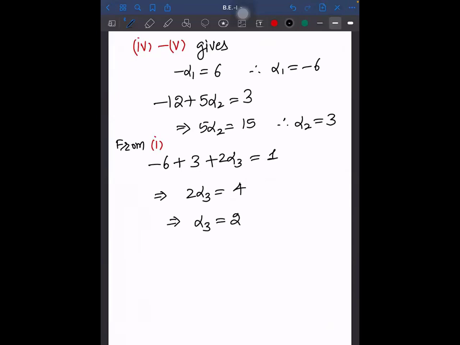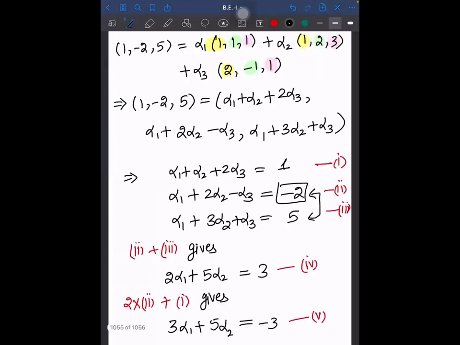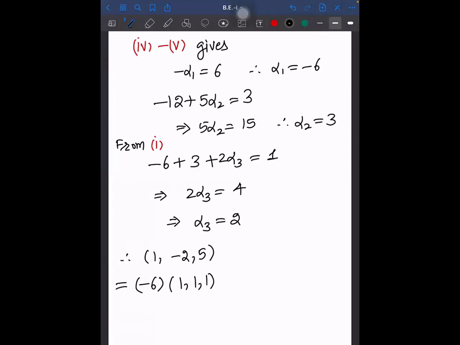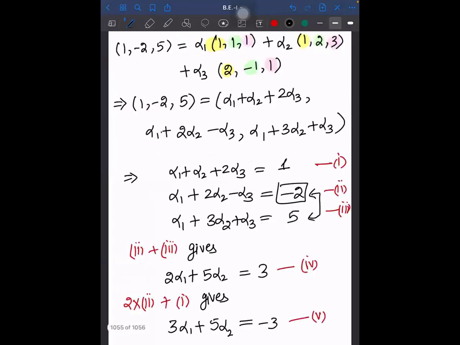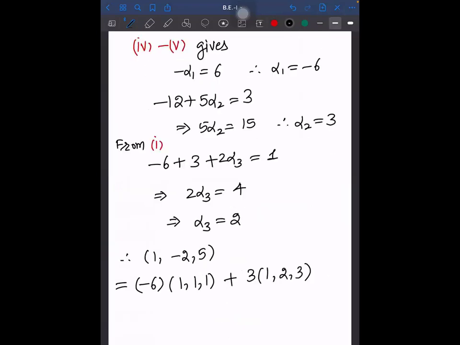So you have got sensible values of the alphas, which means this can be written as a linear combination of these vectors. We'll write (1, -2, 5) as -6 times the first vector (1, 1, 1), plus 3 times the second vector (1, 2, 3), plus 2 times the last one (2, -1, 1). Is it fine? Yes, sir.